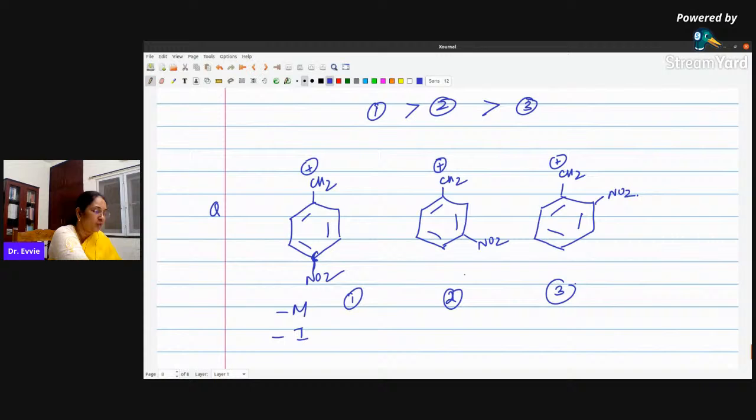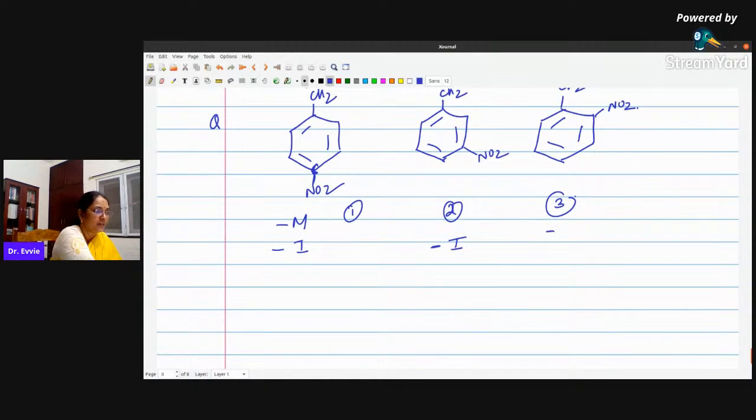There's only minus I effect, because the mesomeric effect is only in the orthopara. Here also there will be minus M and minus I effect in the ortho position. So please remember, in meta position, there will be no mesomeric effect.